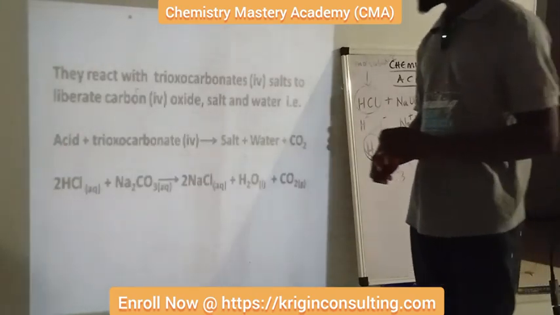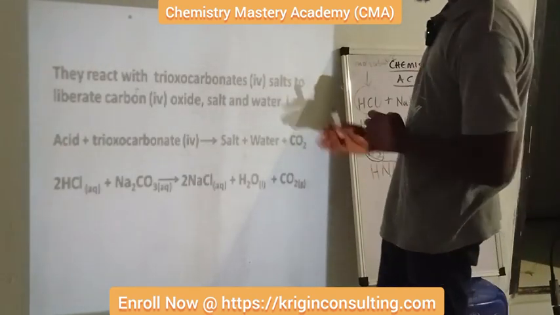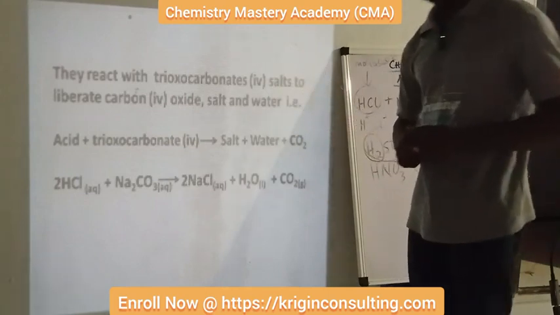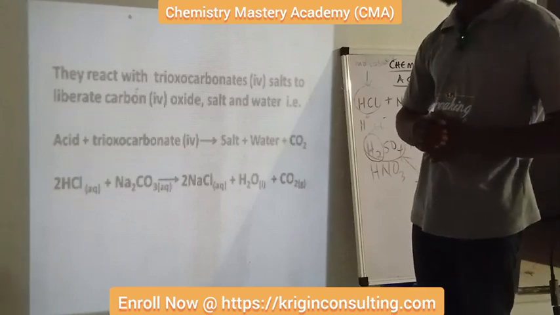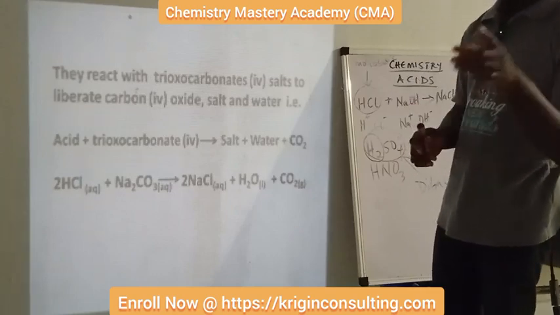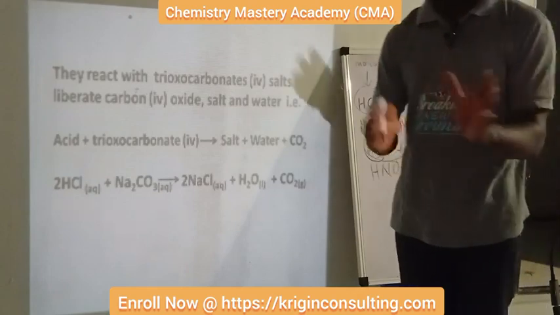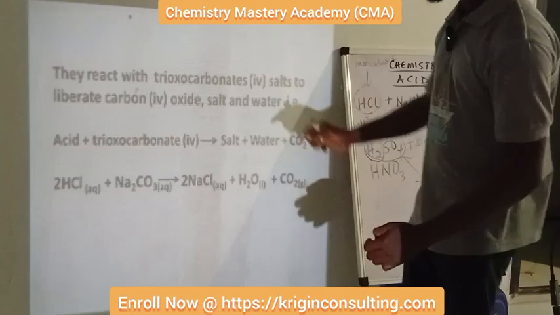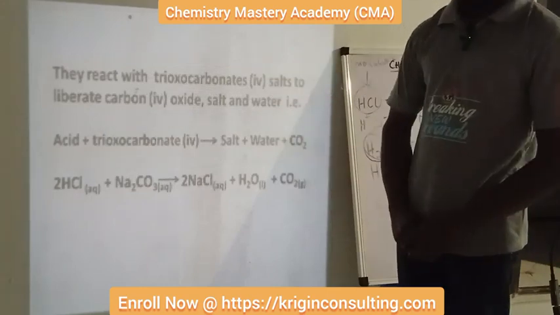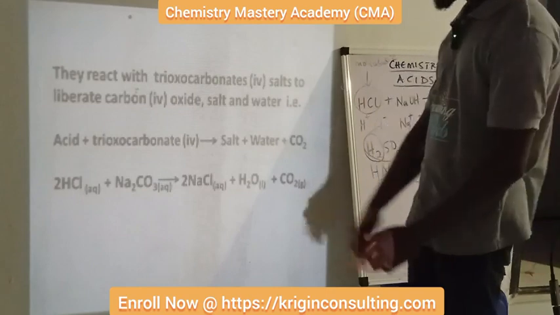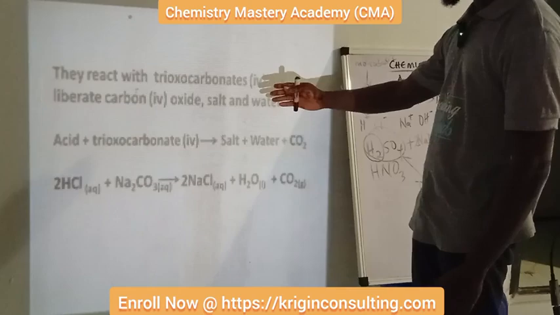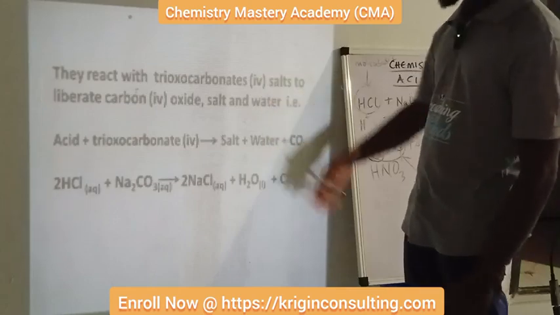Now, next up, we have acid reacting with trioxocarbonate IV salt to liberate carbon dioxide, salt, and water. That means if I want to produce carbon dioxide, I can take a trioxocarbonate IV salt and mix it with acid. I will form carbon dioxide, salt, and water.